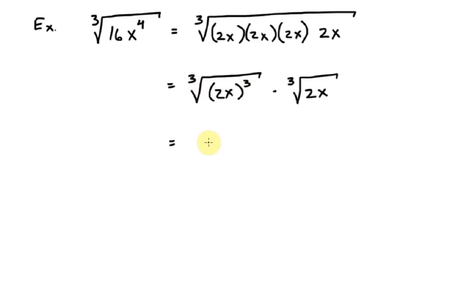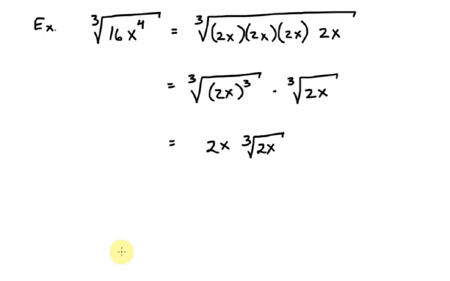So that just turns into the something. Anytime you have cubing and cube rooting, they kind of undo each other. So whatever we had in the brackets here is all that's left, and I've got to times that by the cube root of 2x. So these are the leftovers over here. And these are the guys that got out, as it were. Okay, it's a little bit tricky, those.